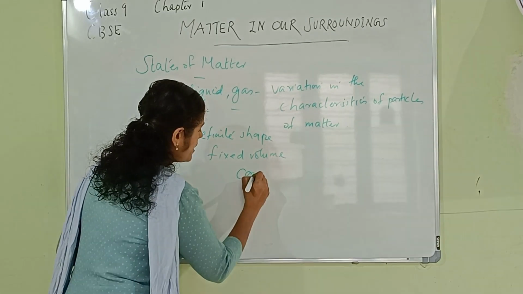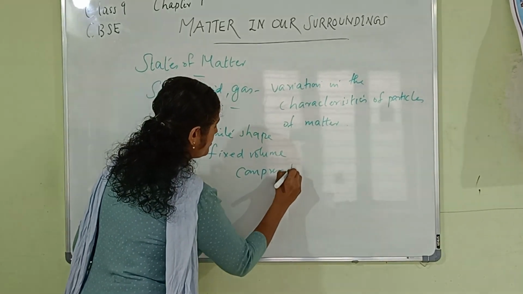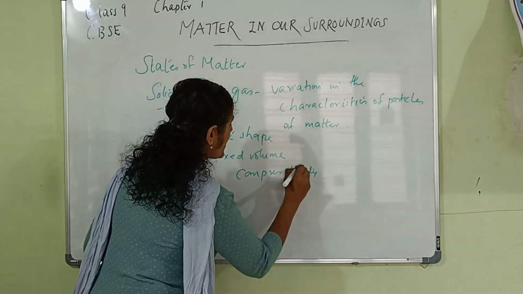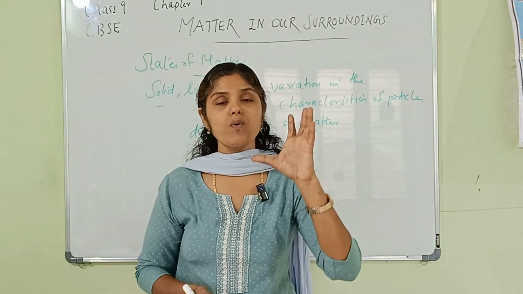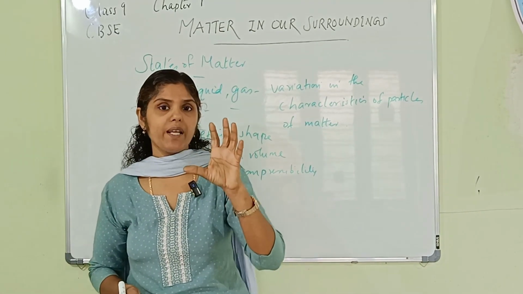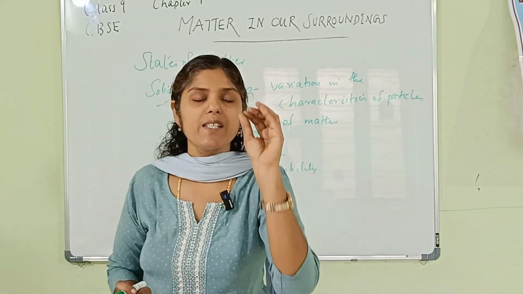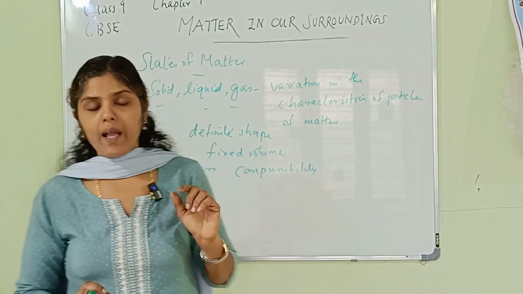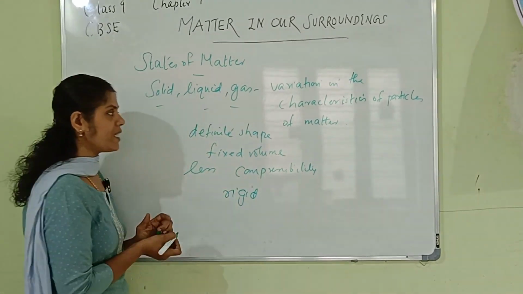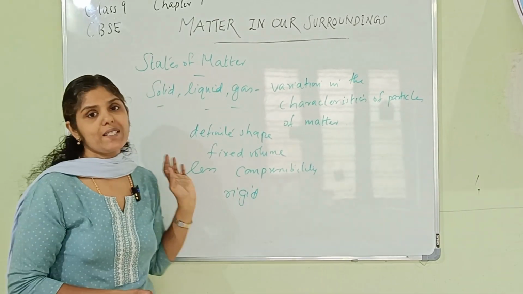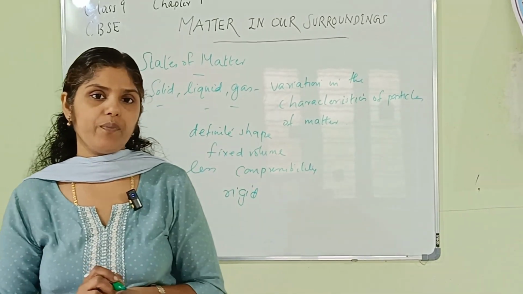It cannot be compressed easily. Then it can retain or maintain its shape even though an outside force is given. That means they are rigid. So these are the peculiarities of matter which exists in solid form.